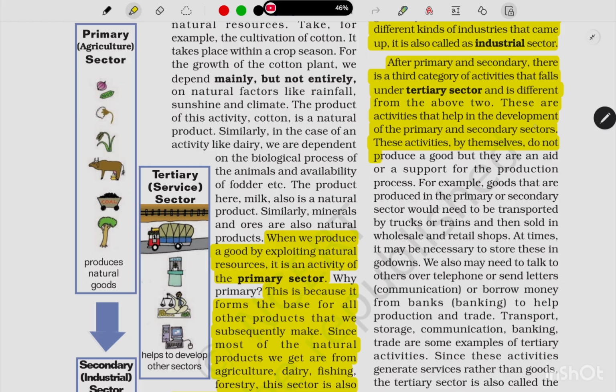These are activities that help in the development of primary and secondary sectors. These activities by themselves do not produce any good, but they are an aid or support for the production process.